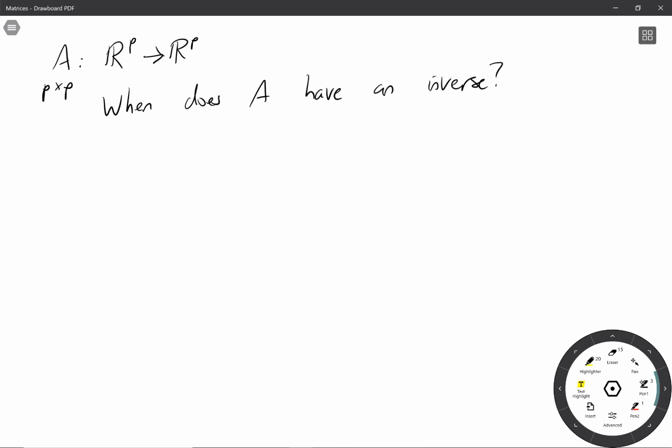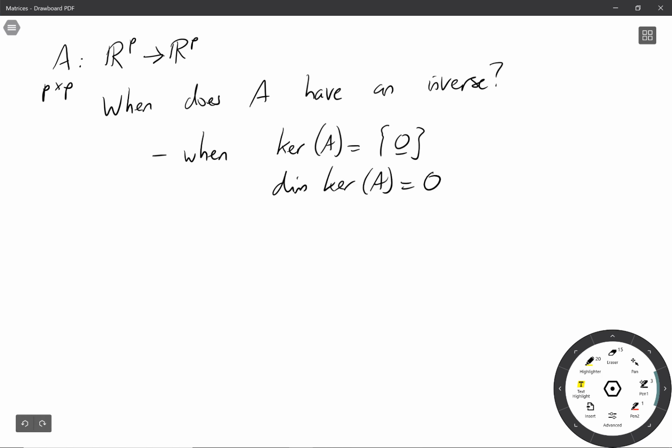Well, it has an inverse precisely when the kernel of A is equal just to 0, contains only the zero vector. So the dimension of the kernel of A is 0.